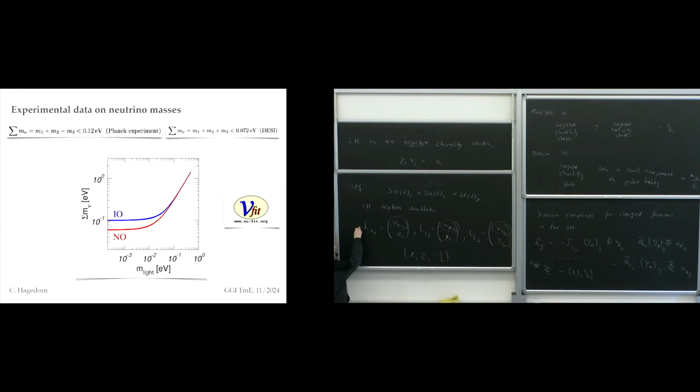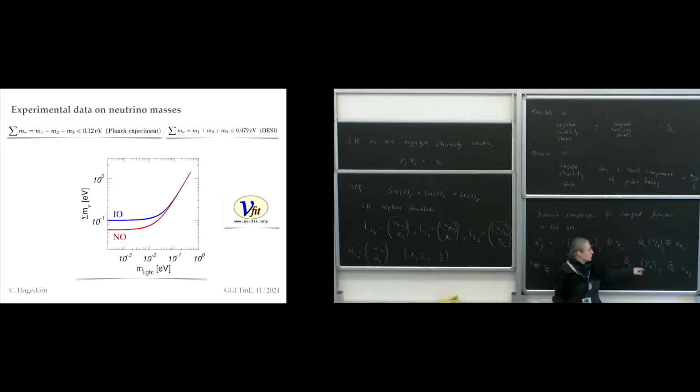Because if we look at the left-handed lepton doublets, we see in the lower components the electron, muon, and tau sit. In the upper component, the neutrinos sit. If you remember how, for example, the left-handed quark doublet would look like, in the standard model, you would say for the first generation, in the upper component, you have the up quark, and in the lower component, you have the down quark, just according to the name, up and down, right?